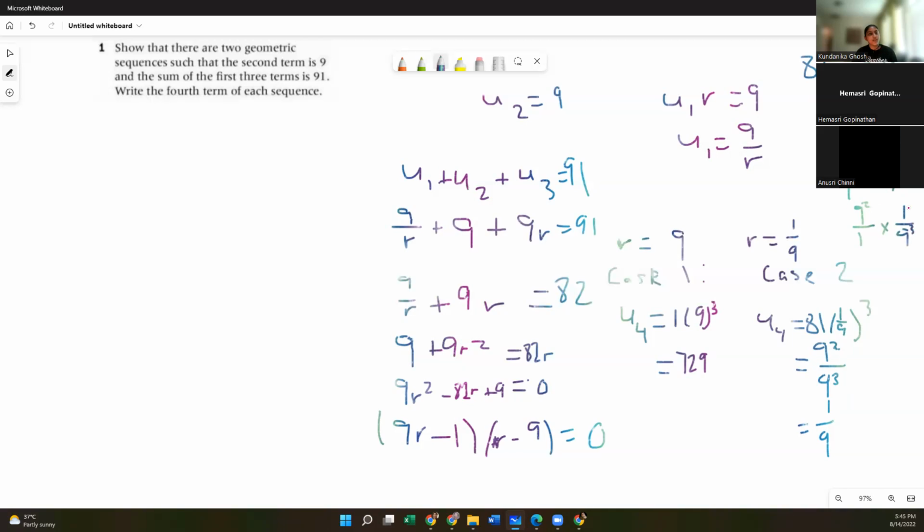Now you multiply your numerators, you get 9 to the power of 2. You multiply your denominators, you get 9 to the power of 3. And then you just cancel out. You have 9 times 9 over 9 times 9 times 9. You can cancel out 1 nine from the top, 1 nine from the bottom, another 9 from the top, another from the bottom. So all you're left with is 1 over 9.